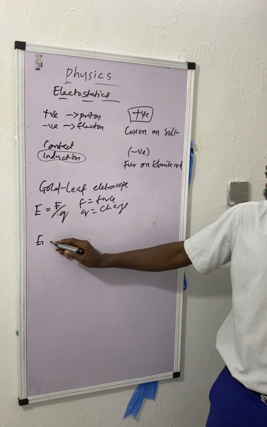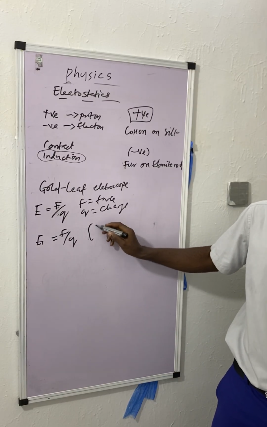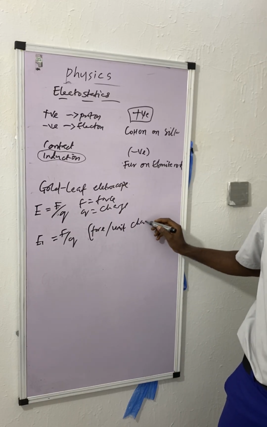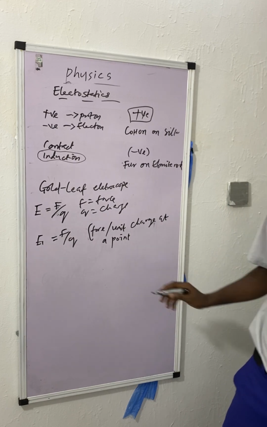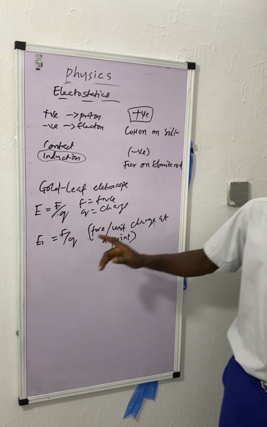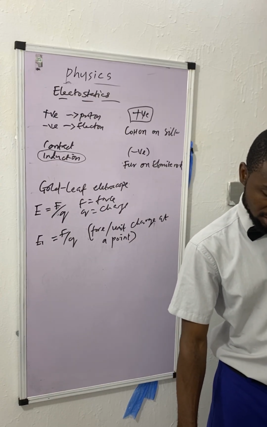Electric field intensity is equal to the force per unit charge at a point. This "at a point" is very important: at that point, the force per unit charge at that point. All right, that is electric field intensity.